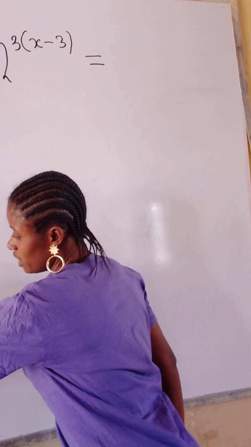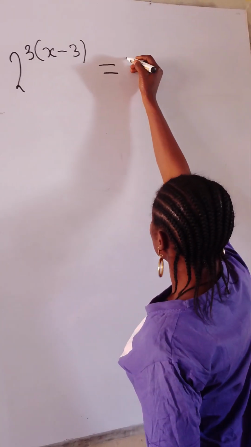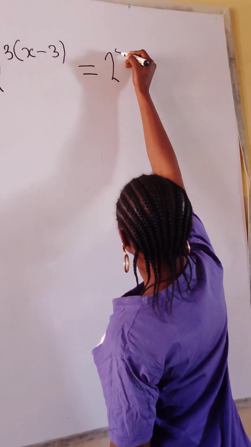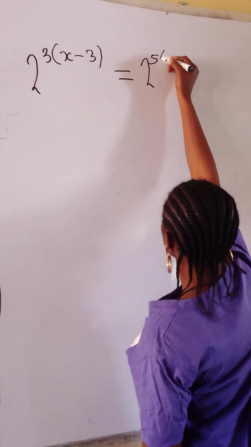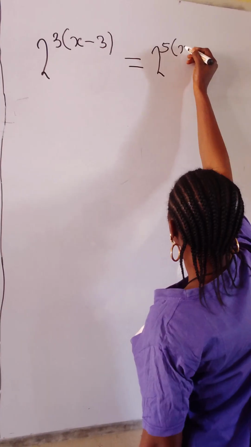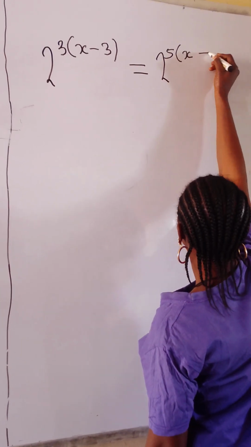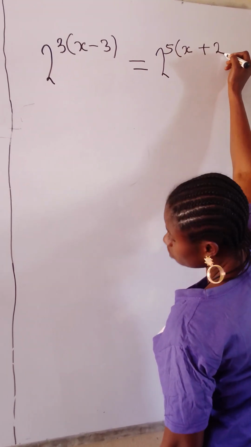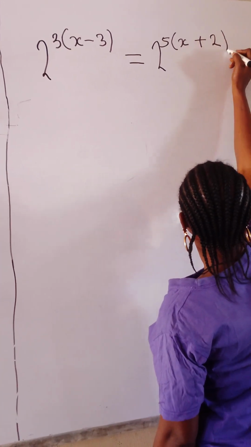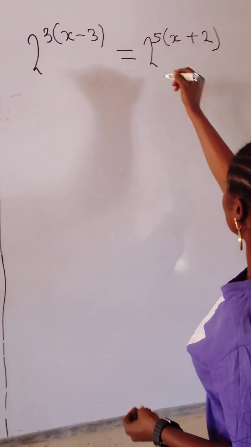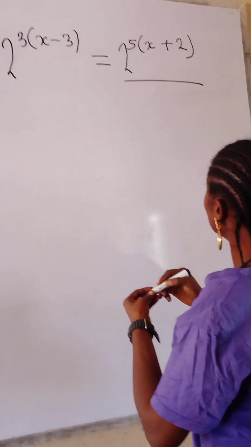Is equal to 32, 2 raised to the power of 5 into the bracket of x plus 2, bracket close, divided by.